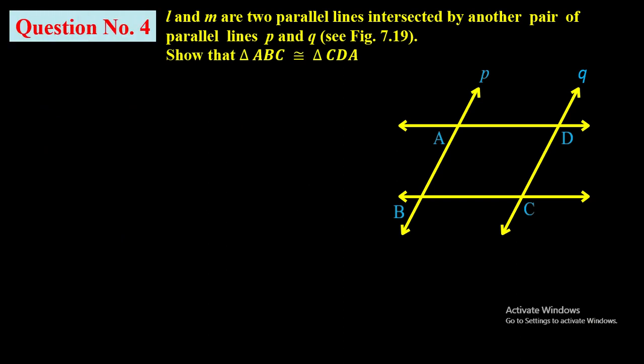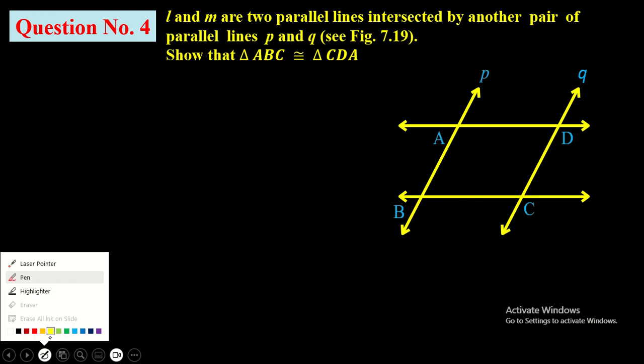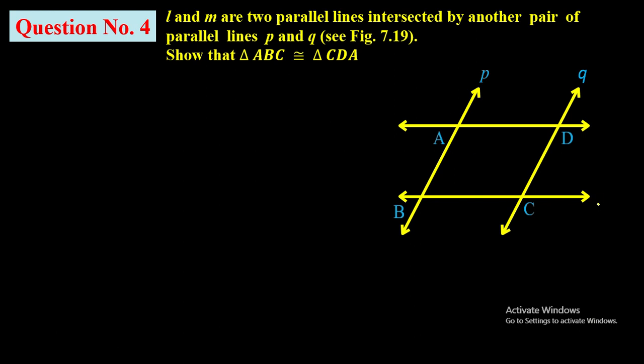In question number 4, it's given that L and M are two parallel lines intersected by another pair of parallel lines P and Q. Now we have to prove that triangle ABC, so we'll join A with C, is congruent to triangle CDA.